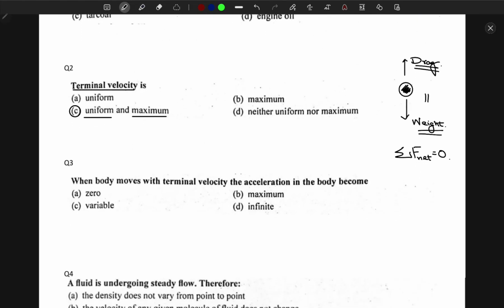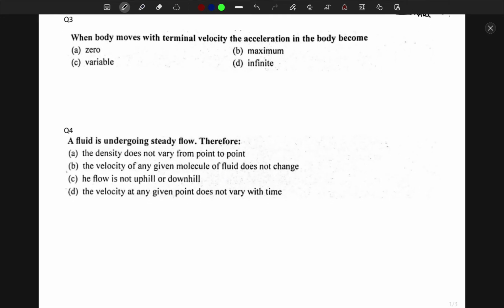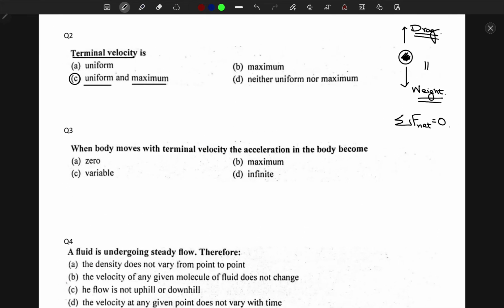Now, let's move on to question number 3, which says, when a body moves with terminal velocity, what does the acceleration of the body become? We just looked at this diagram and we said that the net force is equal to 0. Now we know from Newton's law that the net force is equal to mass times acceleration.